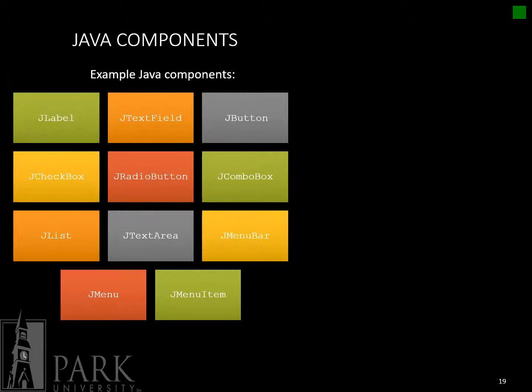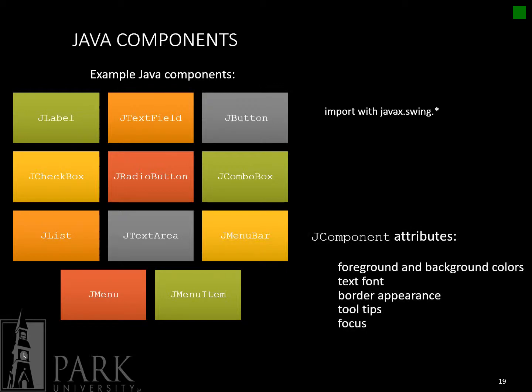Of course, in order to use them, you must import them using their package, either individually or as the entire package. Each of these components are descendants of JComponent, which means you'll have access to adjust the following properties: foreground and background colors, text font, the border appearance, tooltips, and also if the item has focus or not.